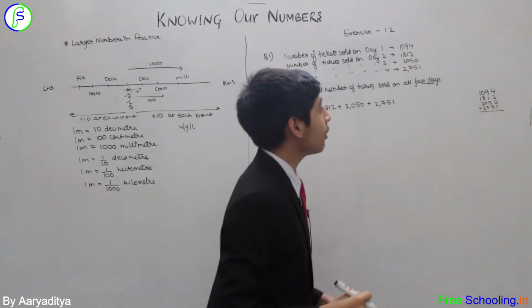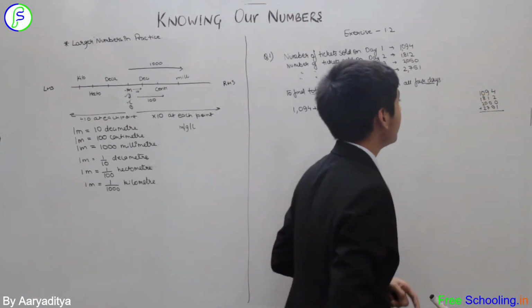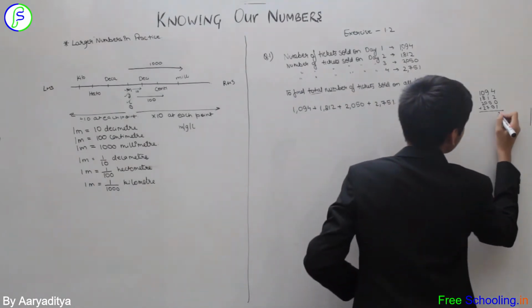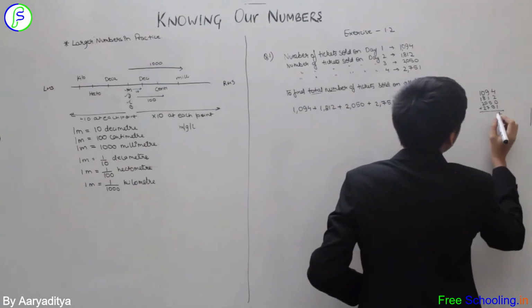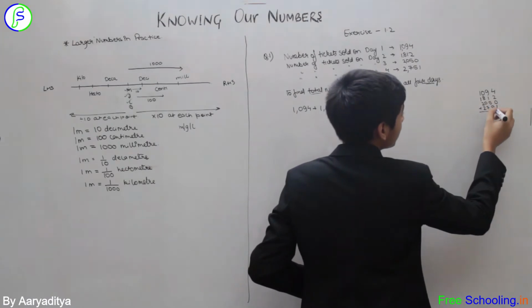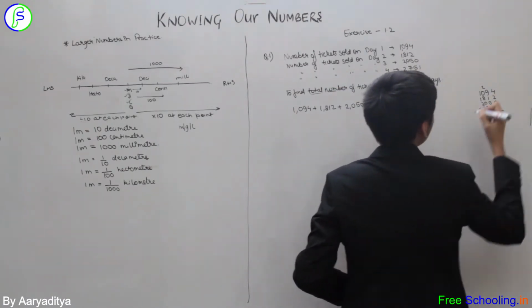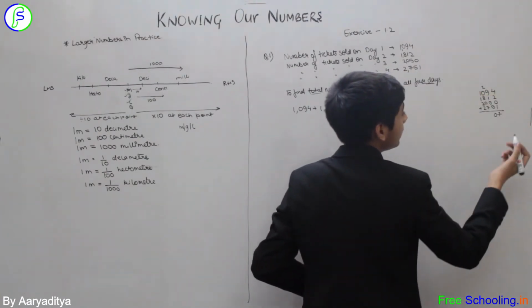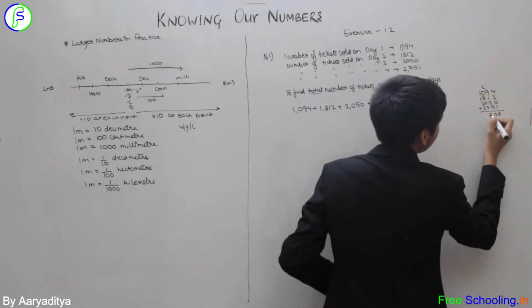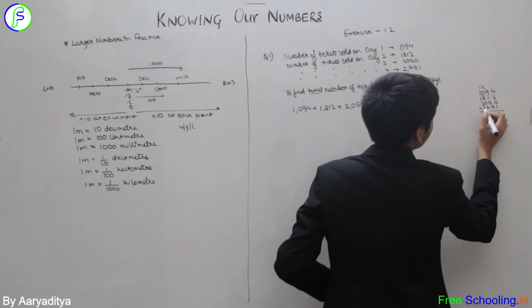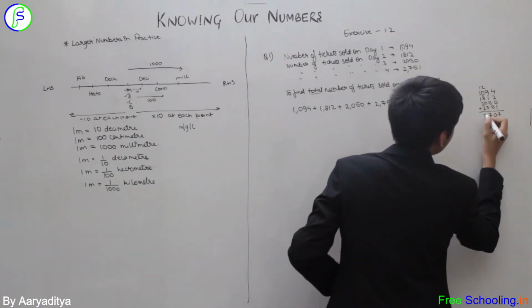When we are adding this up, what we get? 4 plus 2 is 6 plus 1 7. Okay, and now 9 plus 1 10 and 5 plus 5 10. Total we get 20. 0 at the base, 2 carry on. Then we add 8 plus 2 get 10 and adding 7 we get 17. 1 carry on and at last we have 2, 2, 4, 5, 6 and 7.